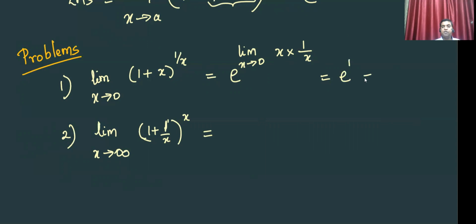So you get e power 1, which is e. Similarly, you get this as 1 plus 0 to the power infinity. So limit x tends to infinity, the 1 plus 0 part times the infinity part. So this cancels, you will get e power 1.